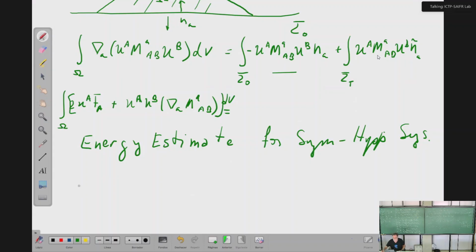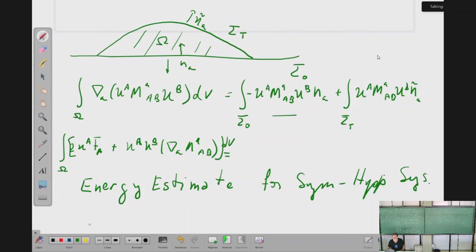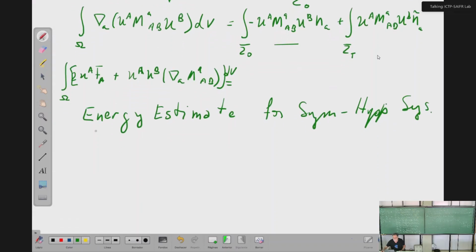And suppose I have two solutions with the same initial data. I want to show that they are the same.